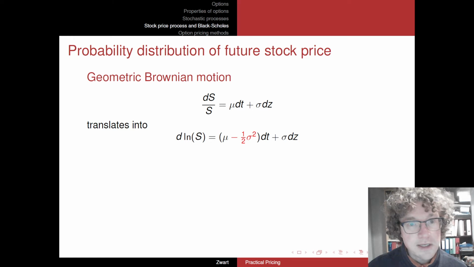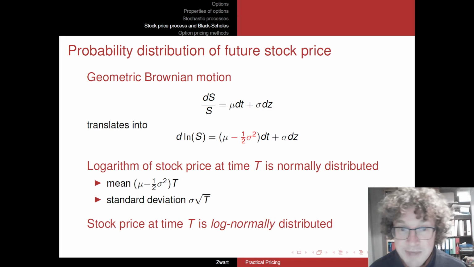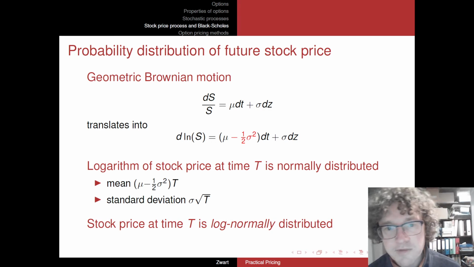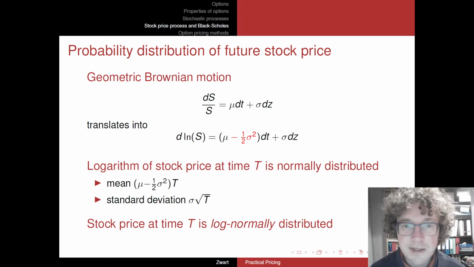So this is geometric Brownian motion. Instead of saying that dS over S follows this linear Brownian motion, we can also say the log of S follows this slightly changed linear motion, with mu minus a half times the volatility squared in the linear part. What it means is that the logarithm of the stock price at a time capital T after today is going to be normally distributed.